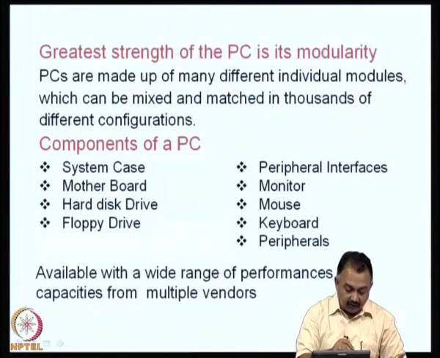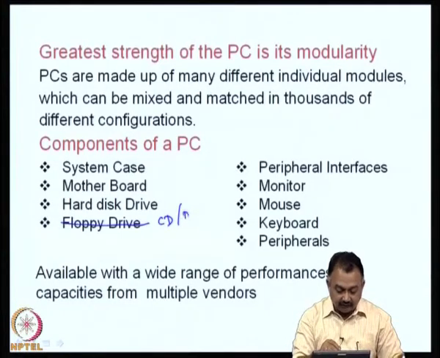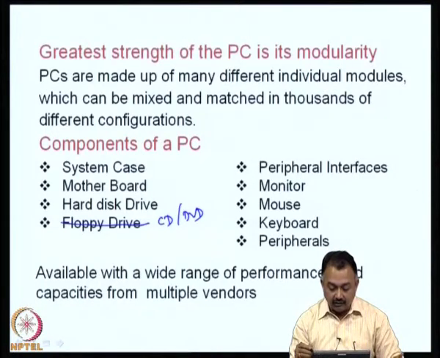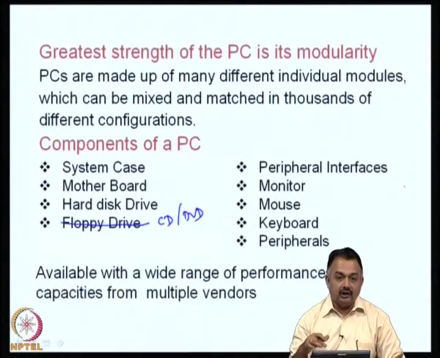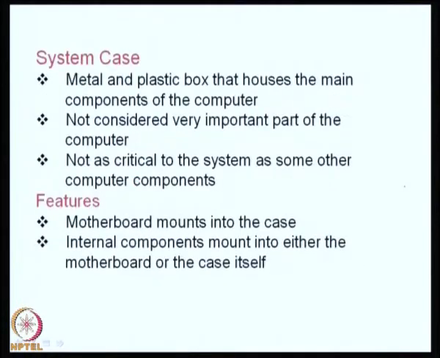There was once the floppy drive, but today we are talking about CD drives, DVD drives, then peripheral interfaces, monitor, mouse, keyboard, peripherals and so on. So, there is a choice, wide variety, depending upon what core processor you want to use and what kind of graphics utility you want to use. You can build your own PC or you can order a custom built PC.